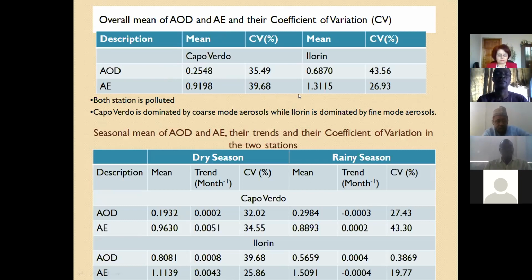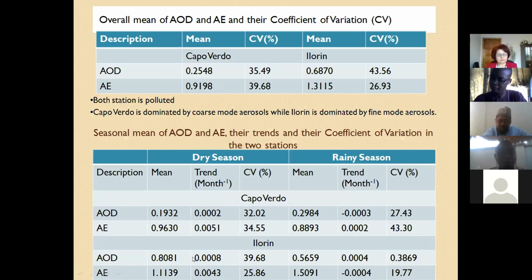With the average AE, we can see that the e-learning atmosphere is dominated by anthropogenic aerosols, which means e-learning people are really contributing to the pollution, not only the natural one. Here in Cape Verde it's still natural, but with more influence, because this is approaching 1.